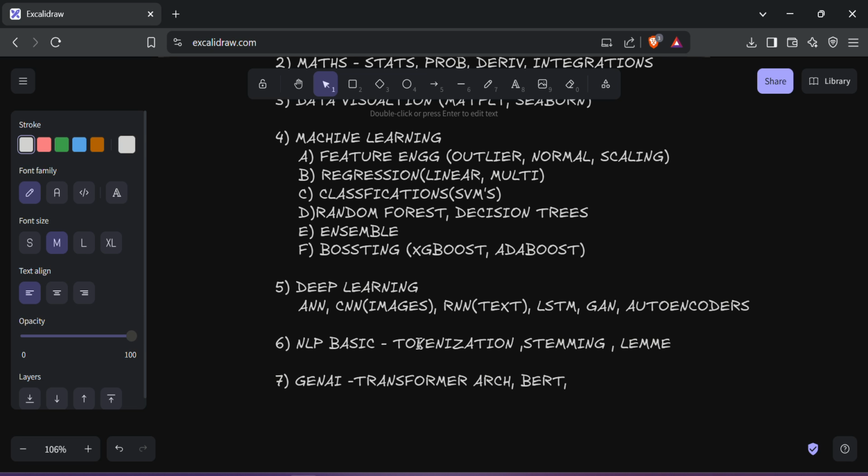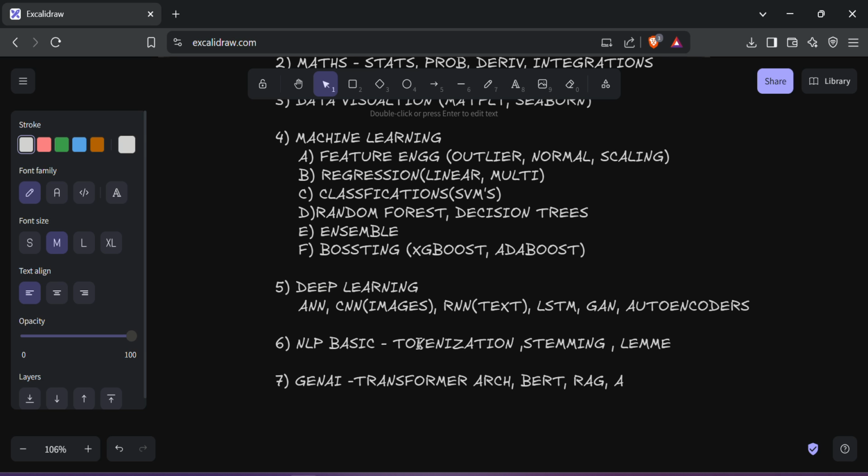It is a transformer architecture which is trained on very numerous data, in terabytes. And then we will be going to others like RAG, retrieval augmented generation. We will discuss it later when we come to it.